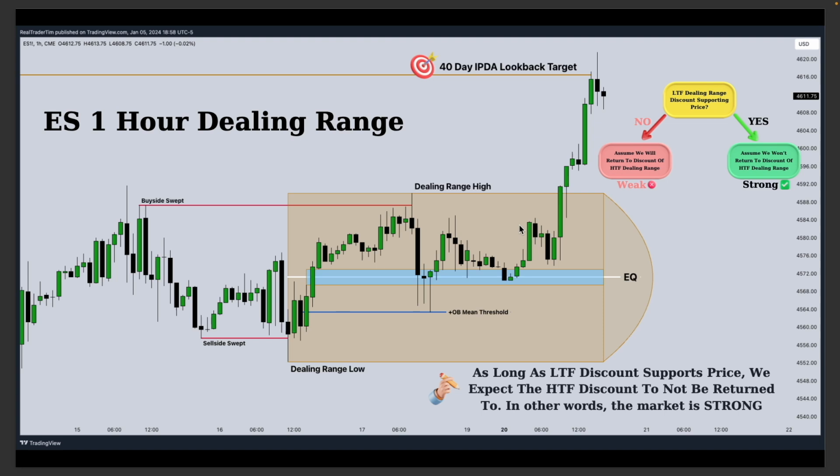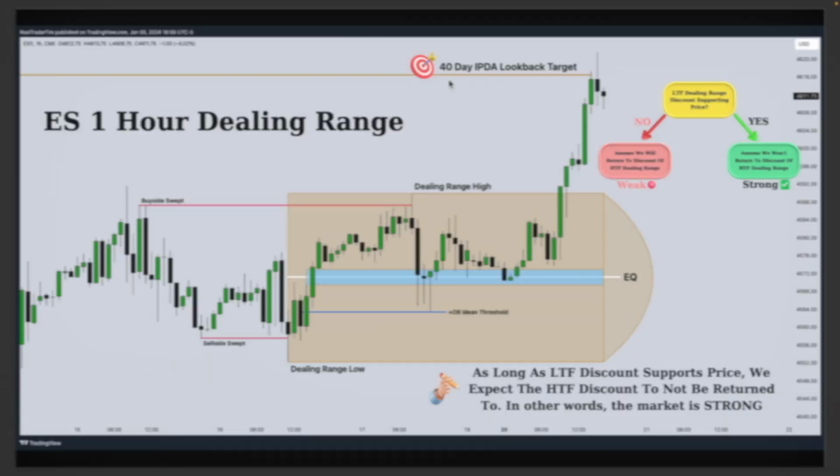So everything we discussed here with this dealing range, we're not just buying and hoping that it continues to go up. We have logical targets that we discussed in our previous lesson on IPTA. So once you combine dealing ranges with IPTA, it's really, really powerful in terms of a combination to understand where price is heading on these higher time frames.